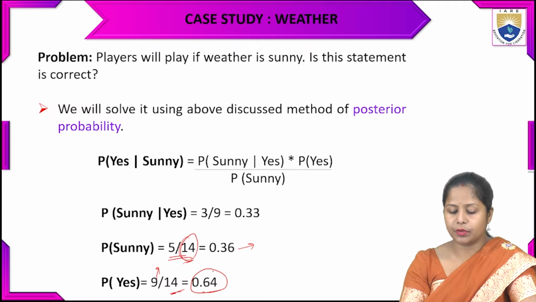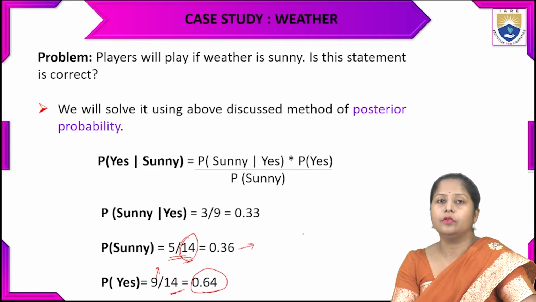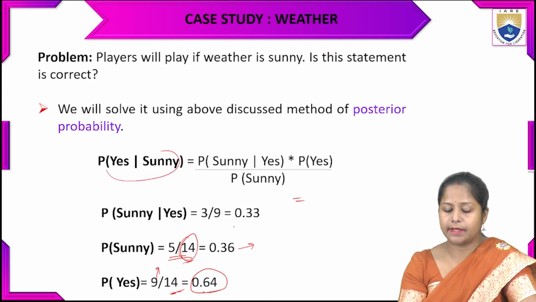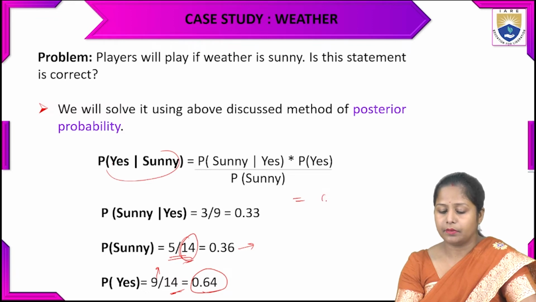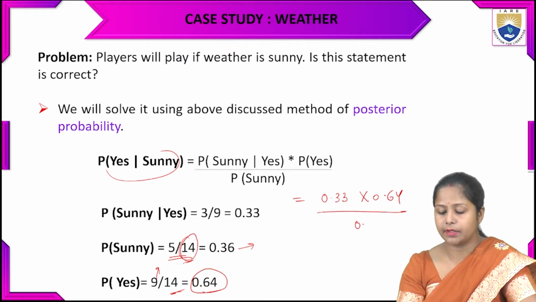Now we have to put these values in the same formula to calculate P(S | sunny). So that will be P(sunny | S), 0.33, into P(S), 0.64, divided by the probability of sunny, 0.36.